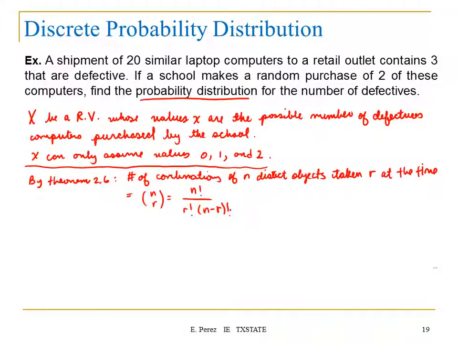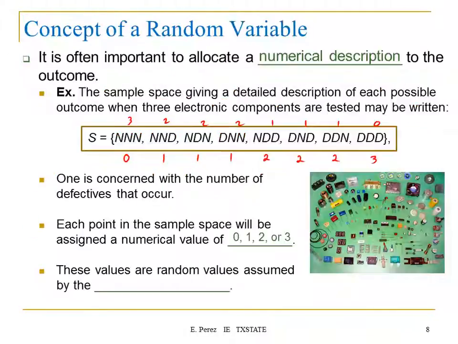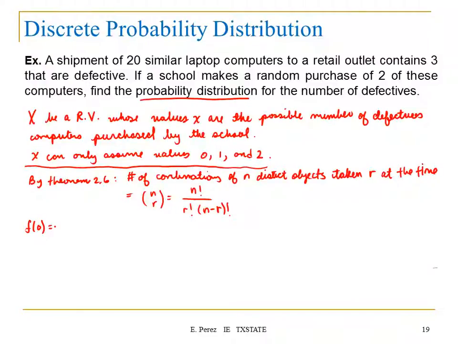So now I want to know what is the probability function for this random variable, and I know that this random variable can only assume 0, 1, and 2 values. So I want to know what is the probability of having x equals 0. So that probability is defined by f of 0, and this is going to be equal to the probability of x being equal to 0.